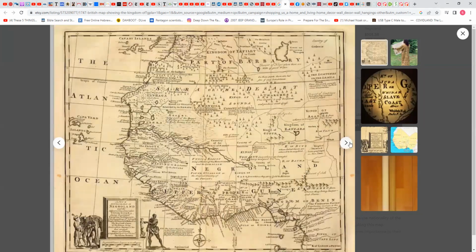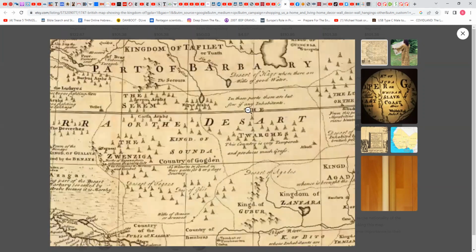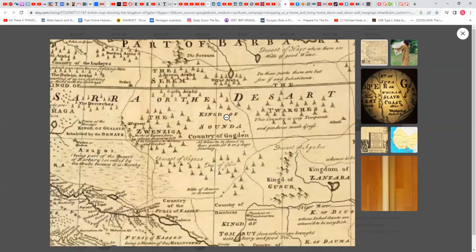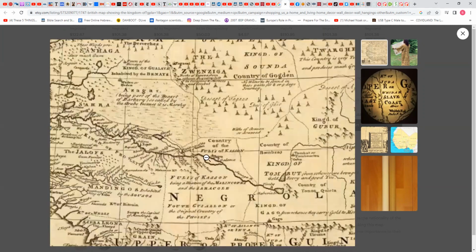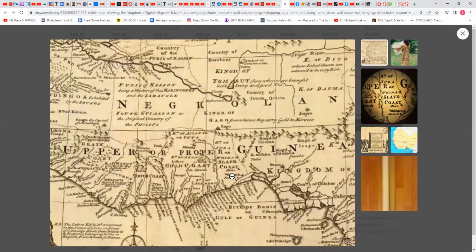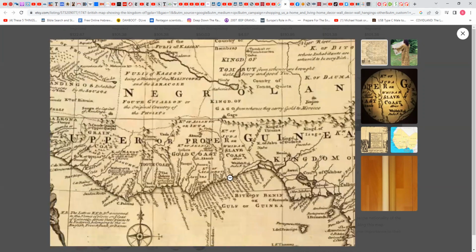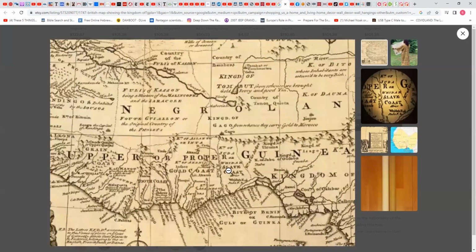You have another map here. You can hardly see it. You need like a magnifying glass. Let me see something. Okay, let me do this. This is Negro land. Let me see here. Okay, you see right there? Kingdom of Judah.